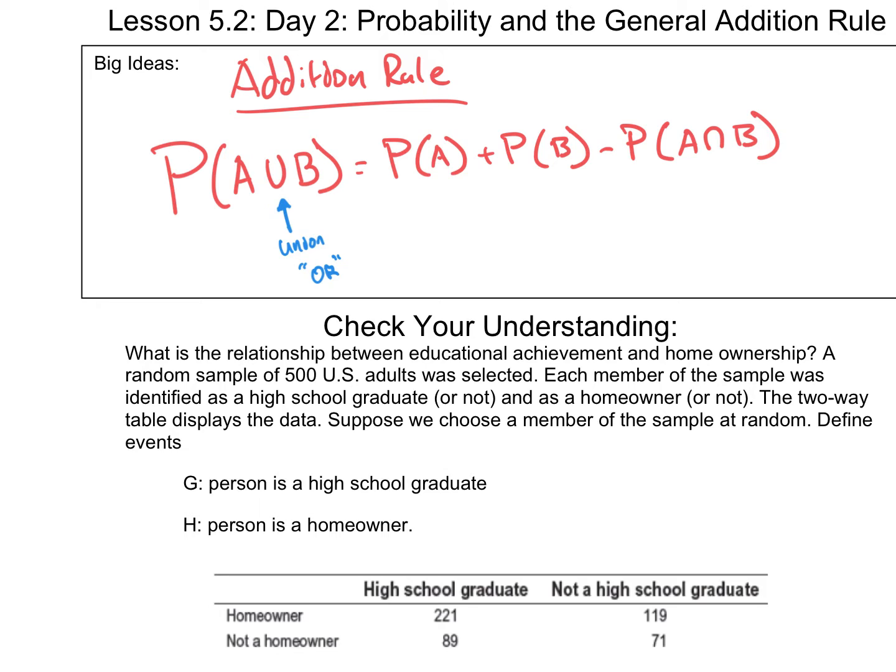And sometimes we like to use this, what we call intersection symbol, for our word and. So that's intersection. I guess I should have written that. Okay, so intersection symbol, but they mean the same thing. So remember, addition rule is A plus B minus wherever they overlap or happen at the same time.